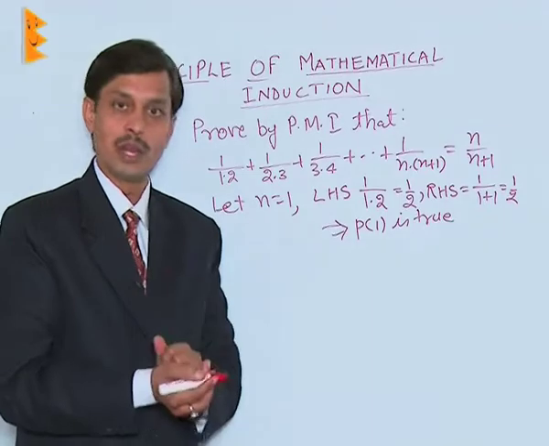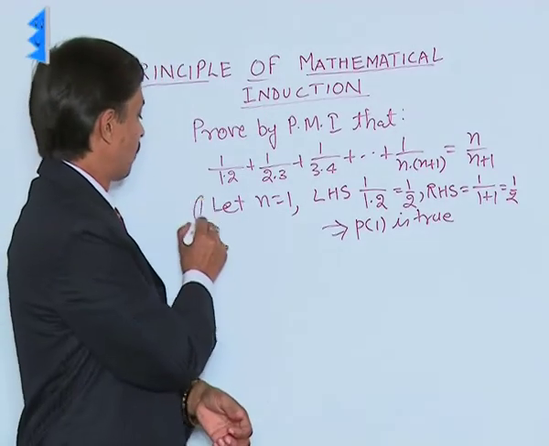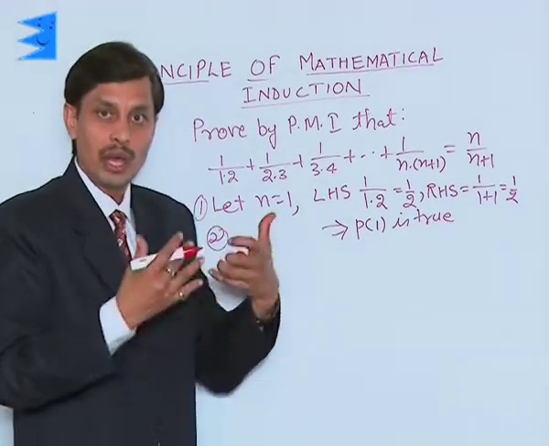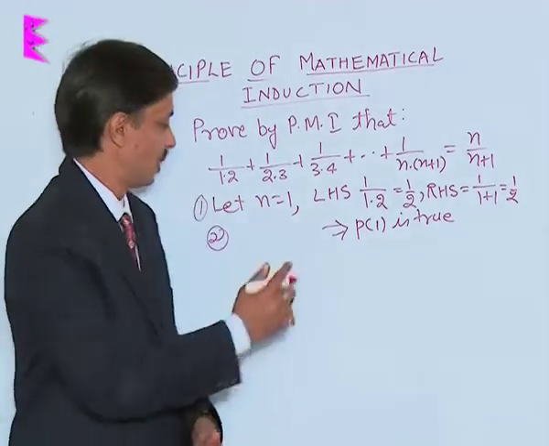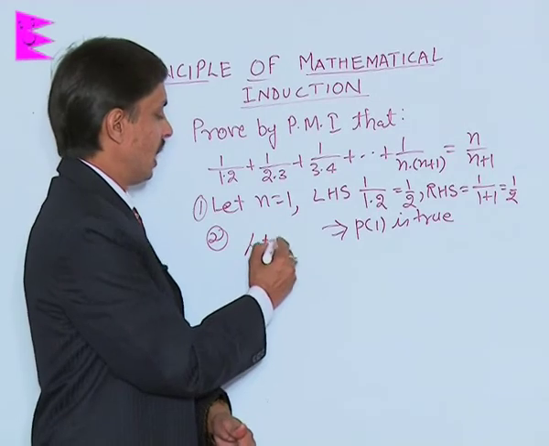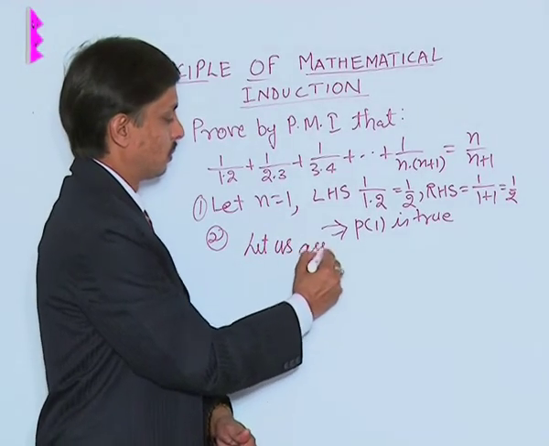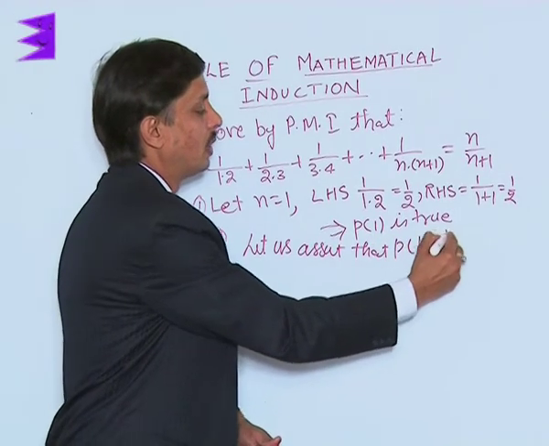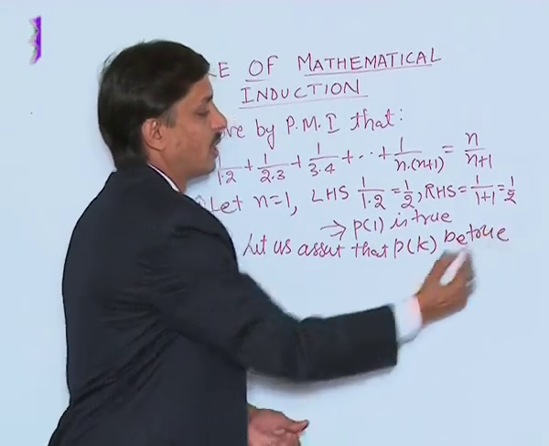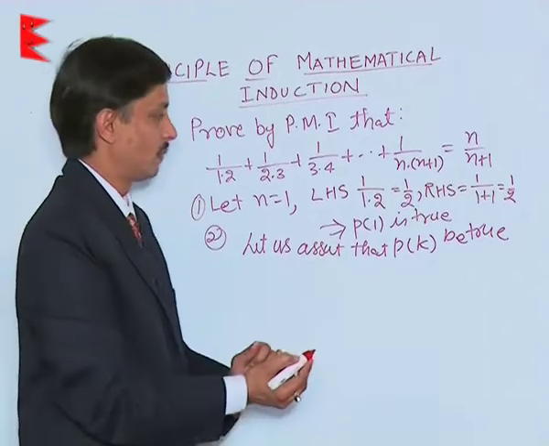Second step, we have to assume that the result holds true at n equals k. So I am taking here, let us assume that P of k be true. This we need to assume, this we need to suppose.